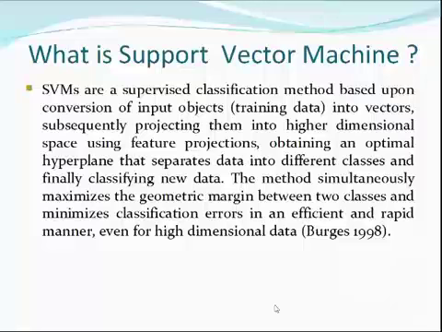This method simultaneously maximizes the geometric margin between two classes and minimizes classification errors in an efficient and rapid manner even for high dimension data. This definition was given by Burges in 1998.